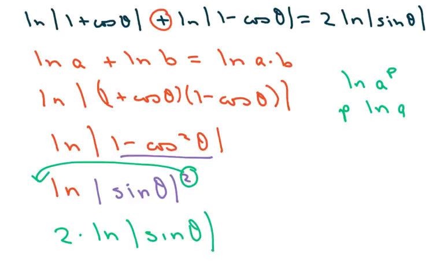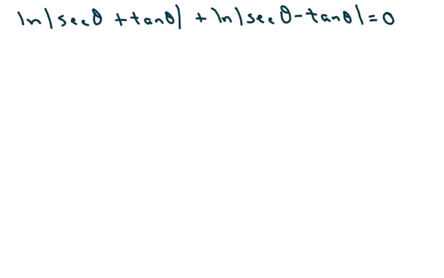Okay, and I believe we have one more. Or is that it? We have secant. Again, I'm going to condense this. It's the same thing as ln of a plus ln of b equals ln of a times b. So that's what I'm going to do.